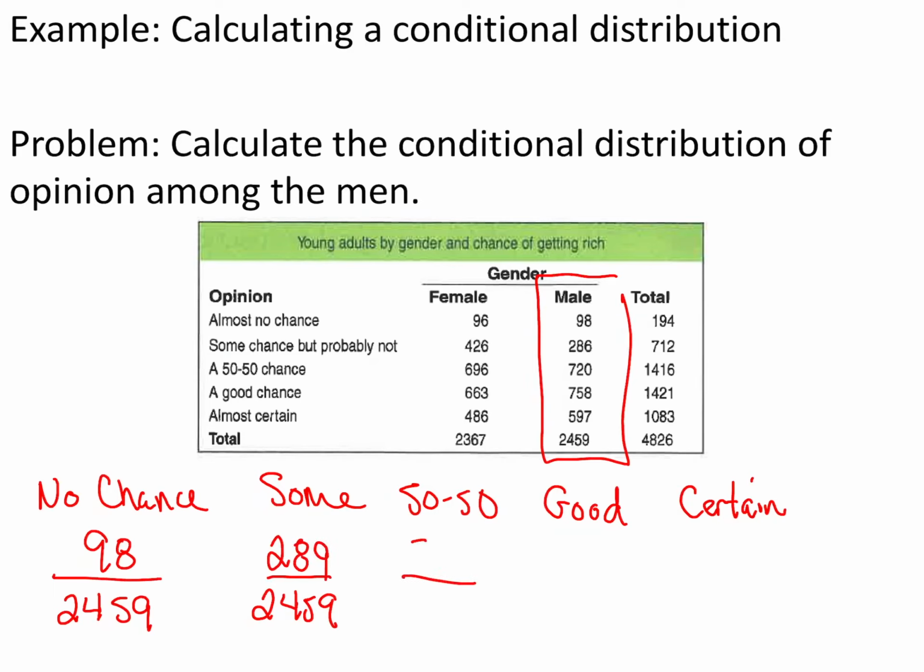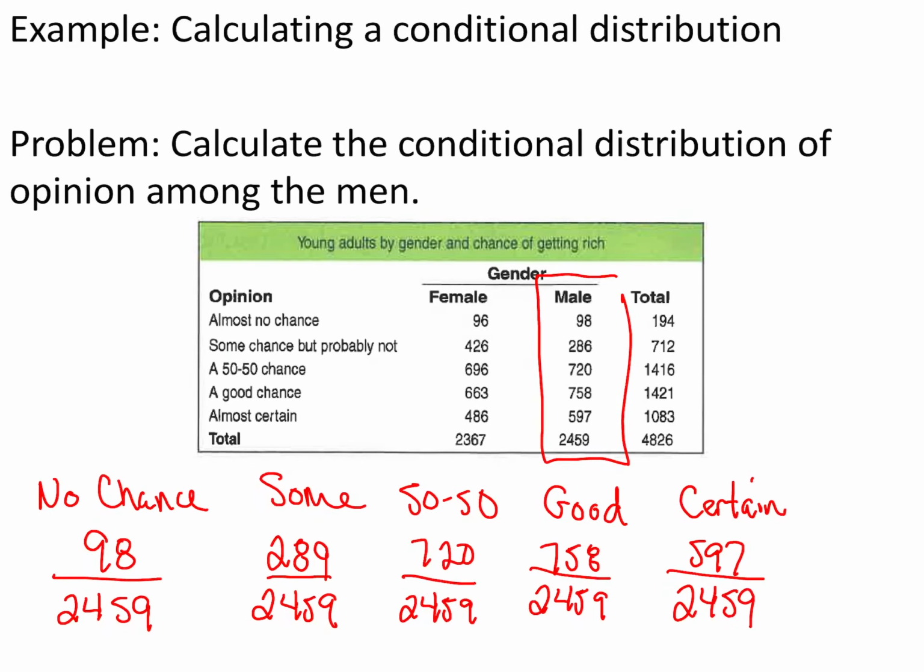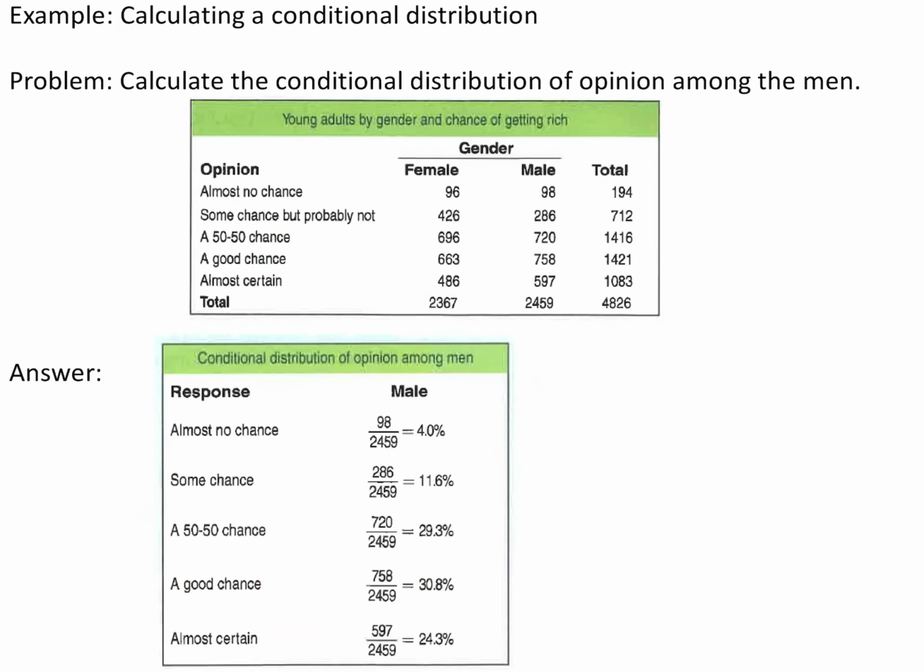We would continue filling that out for all of the males, take those values, and turn them into percents. So among the males, 4% thought there was almost no chance, 30.8% thought there was a good chance, and 24.3% were almost certain.